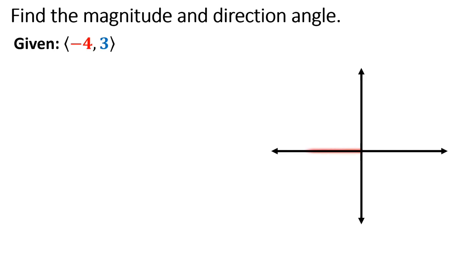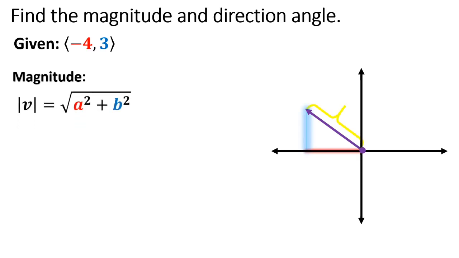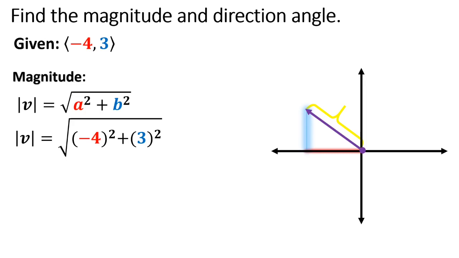Sketching a graph of this vector, I move left 4, up 3, and draw my vector. To find the magnitude, the length of this vector, I use this formula, substitute in -4 and 3, simplify, I get the square root of 25, which is 5. The length of the vector is 5.